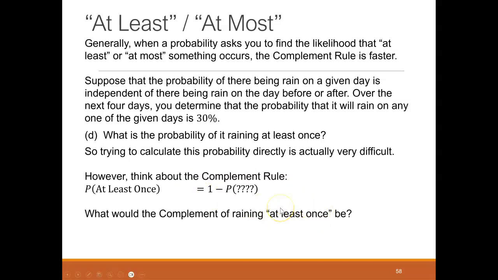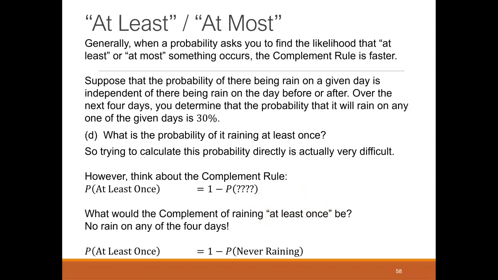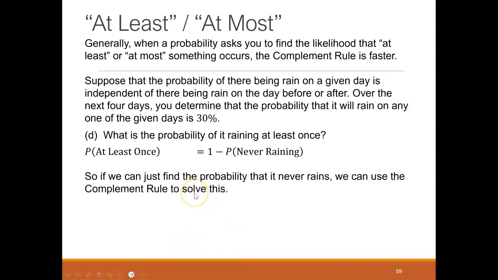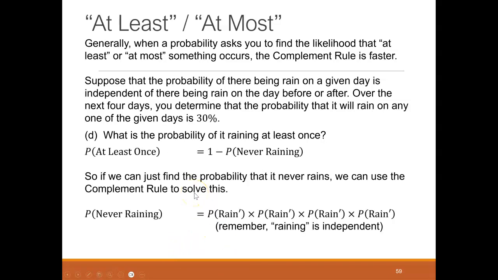So at least is greater than or equal to. So the complement would be strict less than. Less than 1 would be not raining at all. So that's what we're going to do. Do 1 minus the probability it doesn't rain. So probability of no rain times probability of no rain times probability of no rain times probability of no rain. Again, raining was independent.